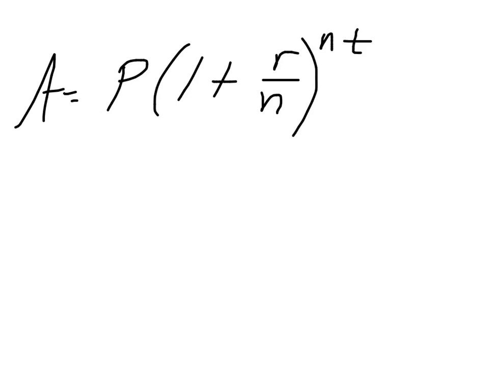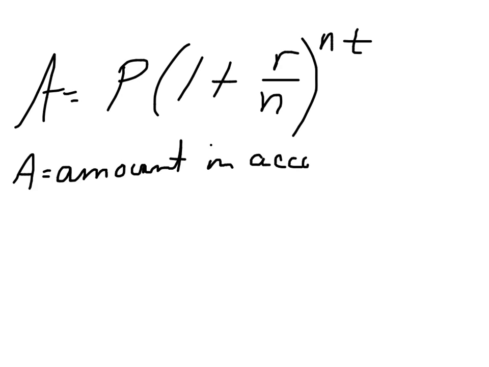So what A stands for is the amount in the account. Okay, that's what A stands for. So that's going to tell us how much money is in there after X amount of whatever. P is principal.